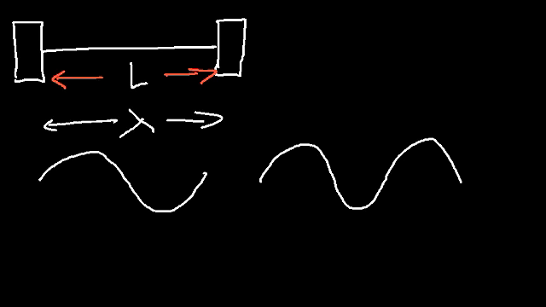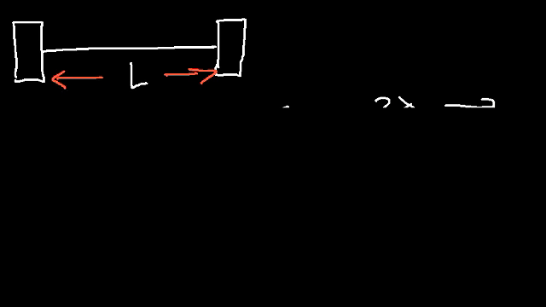this is one complete wave. A wave that looks like this has a length of one wavelength. So here we have two cycles. So this wave has a length that is equal to twice the wavelength. So let's say we have one loop.